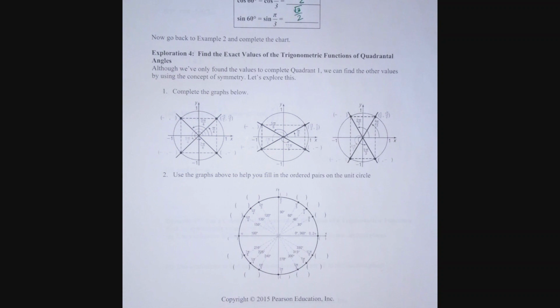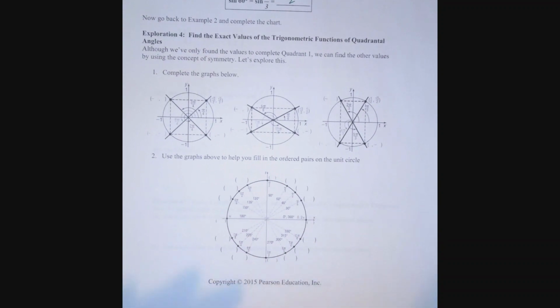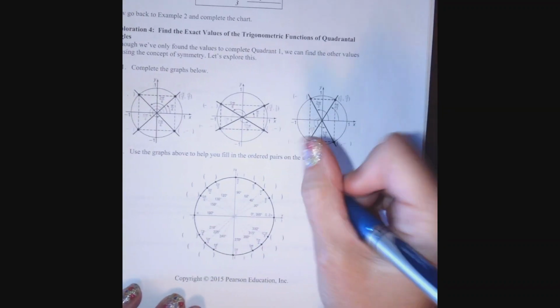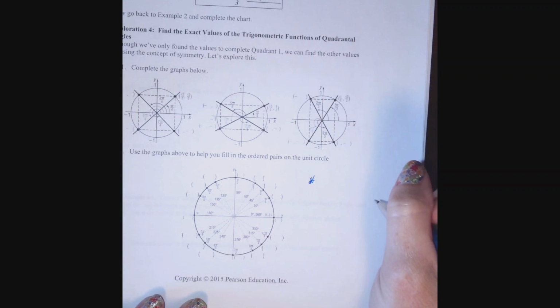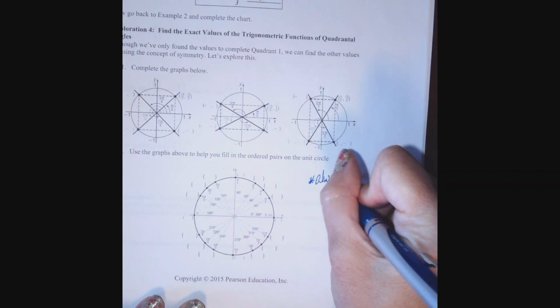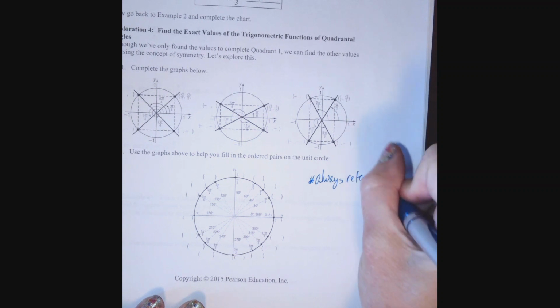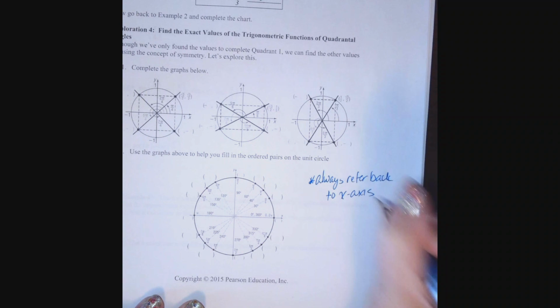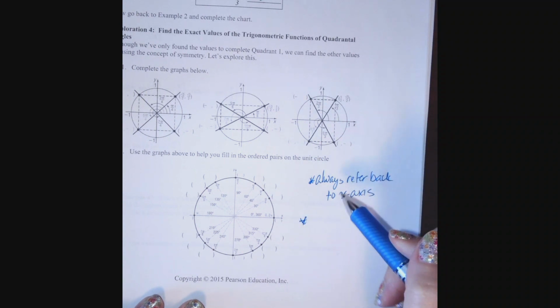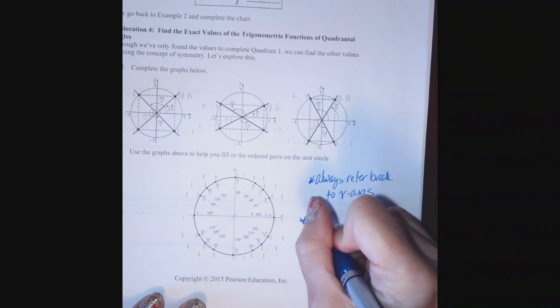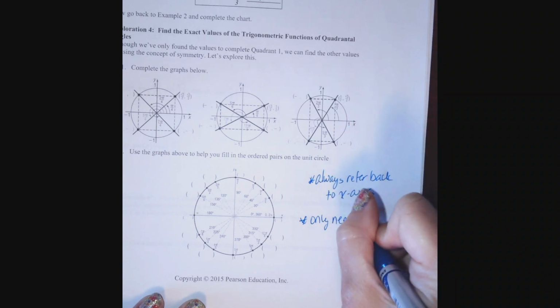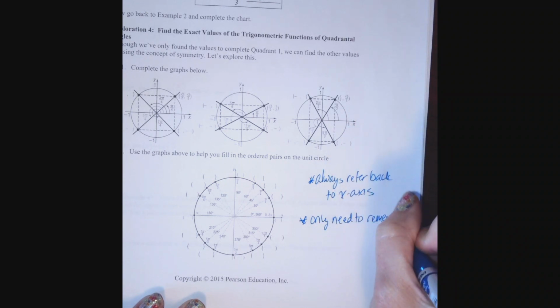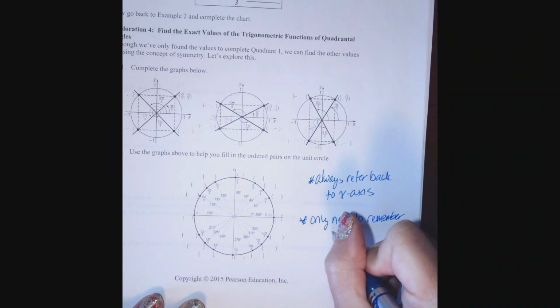This discusses the concept of symmetry. This is what we walked through when we did our unit circle together. When you are doing your unit circle, you are always going to refer back to the x-axis. And because of the symmetry our circle has, you only have to remember quadrant 1, the coordinates in quadrant 1.